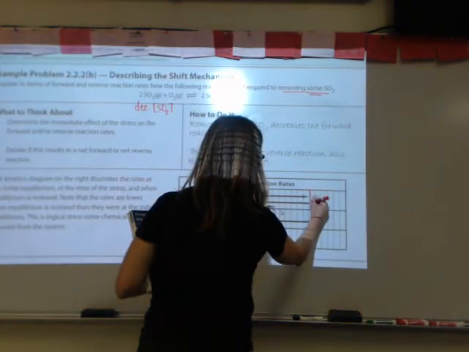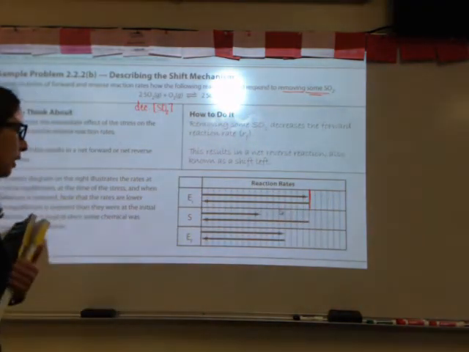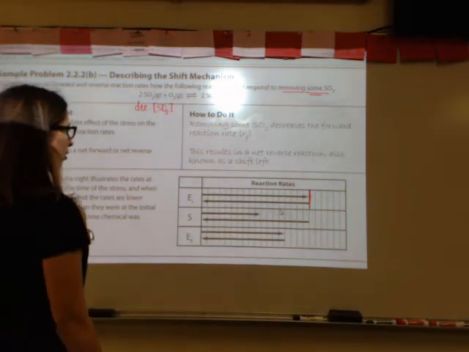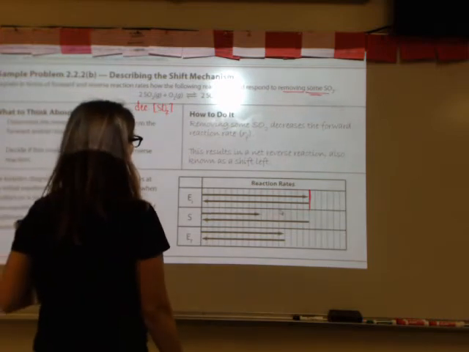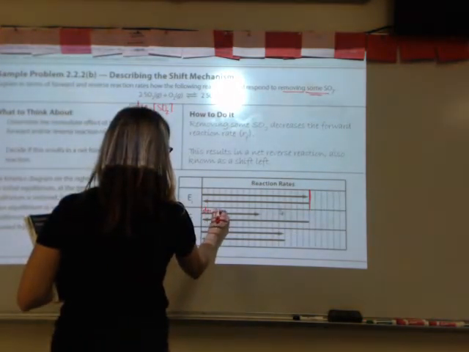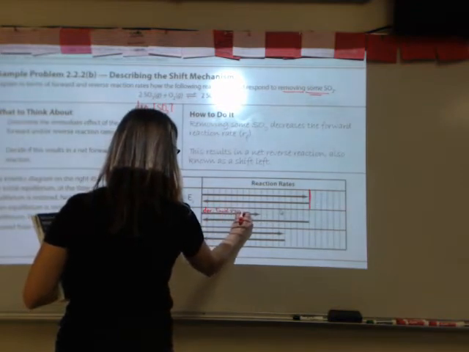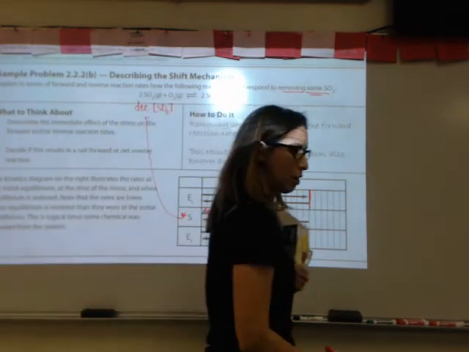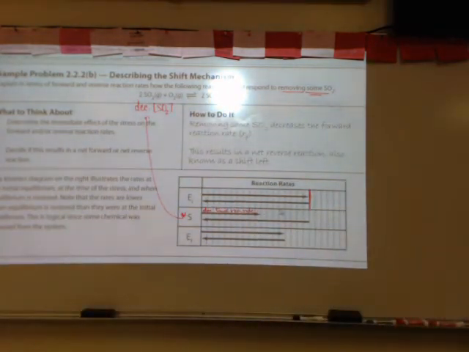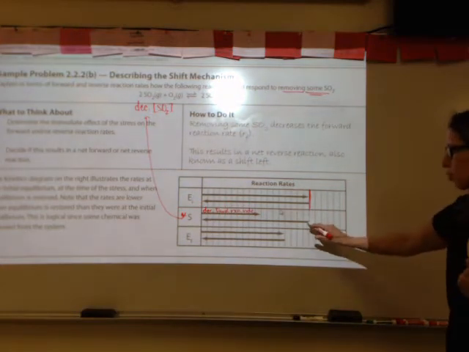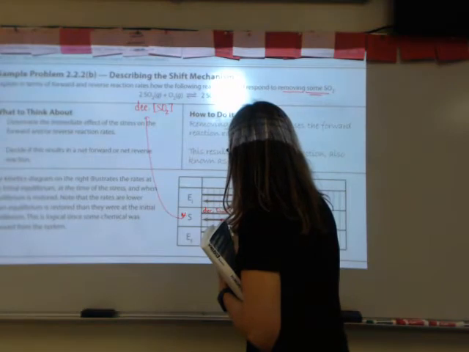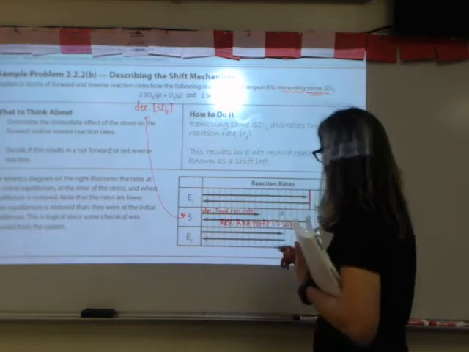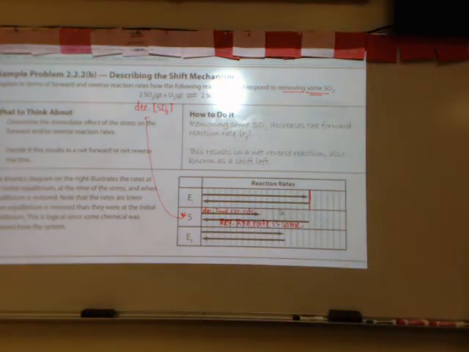So you'll see here, initially, at equilibrium, the forward and the reverse reaction rates are the same. Then, when I decrease the concentration of SO2, I decrease the forward reaction rate, which is here. And that was this stress that was caused by a decrease in SO2. You'll see that my reverse reaction rate is the same as it was initially at equilibrium.